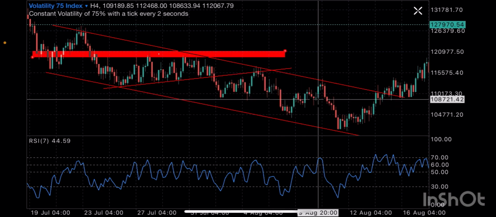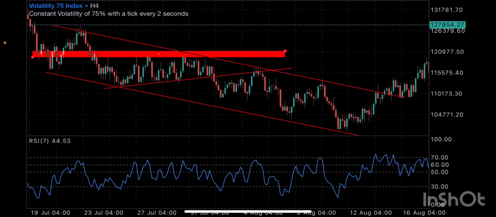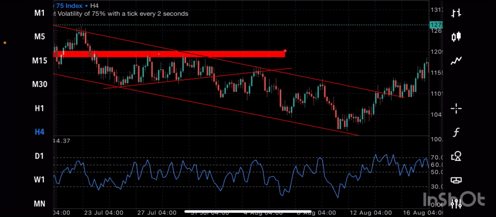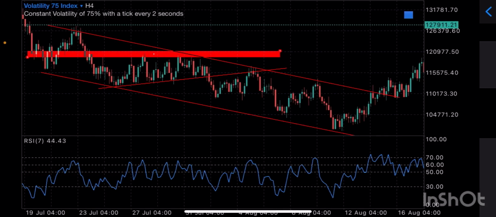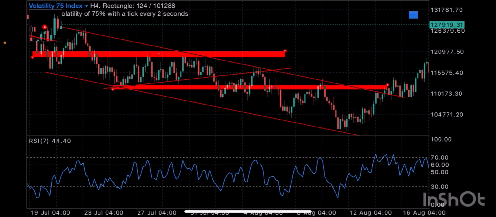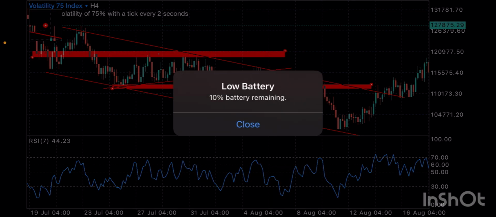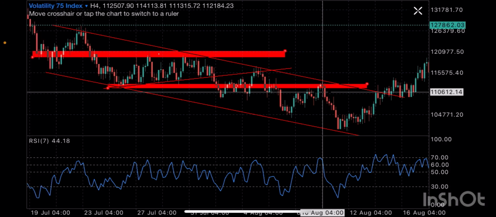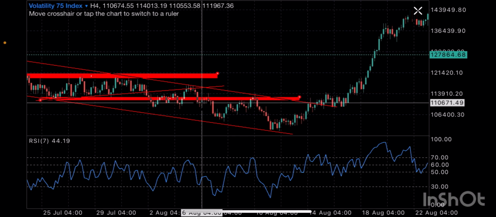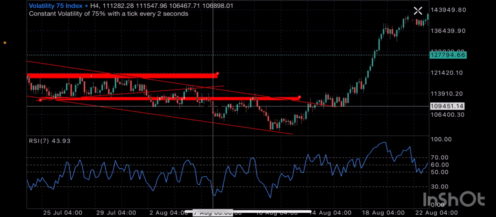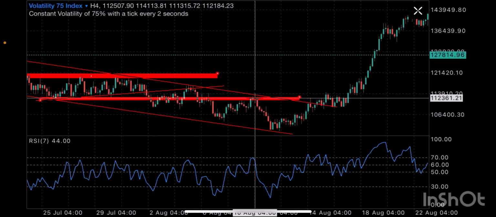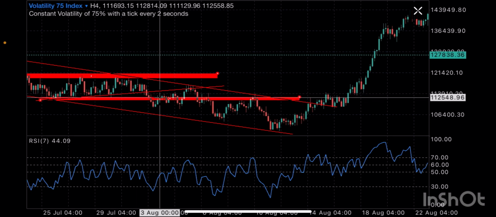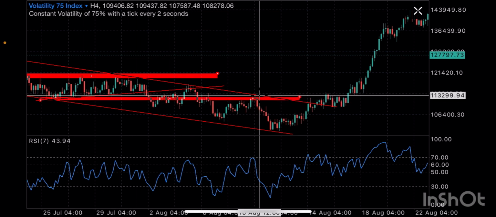So if you look at this particular point here again, the same reason I will be selling is if I draw. Now guys, you have to practice so you can be able to see these things with precision. If you come here and you draw another line, you can see how price was able to come here and bounce off this horizontal resistance traveling all the way to this point.